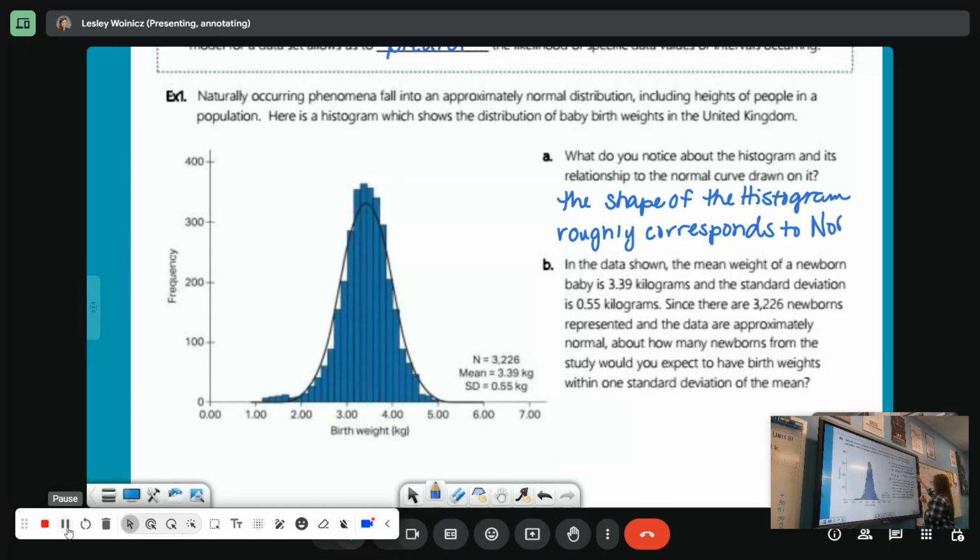I ran out of room. Yikes. Okay, so in our data, the mean weight of a newborn baby is 3.39 kilograms.